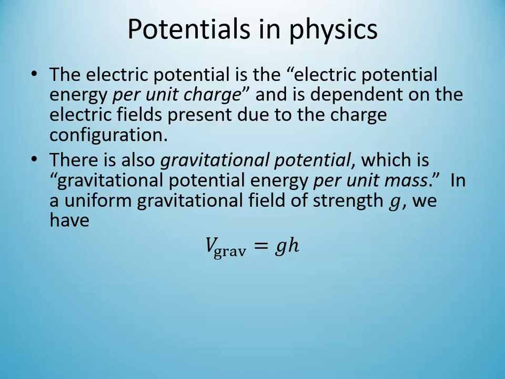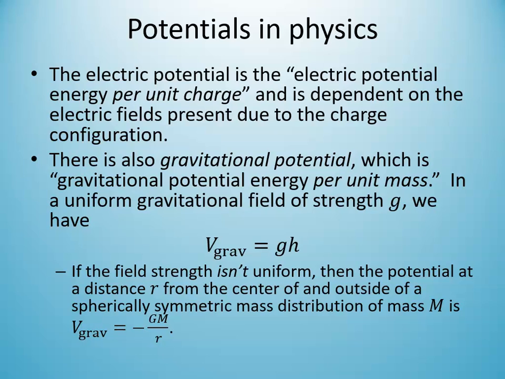So the gravitational potential would simply be equal to the gravitational field strength, that is the acceleration due to gravity, times the height, where that height is a change in position relative to some zero value of gravitational potential, which is usually taken to be the ground level. Notice that there is not a mass multiplying this. In other words, gravitational potential energy would be what you would get if you multiplied the mass. Now this would be assuming a uniform gravitational field strength.